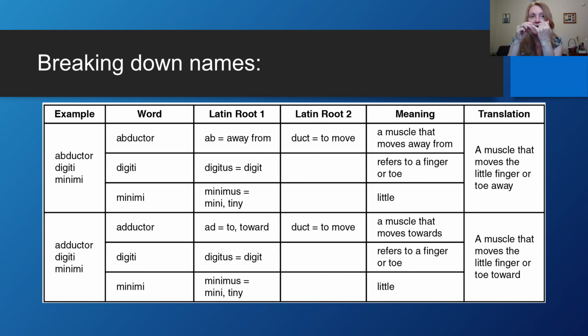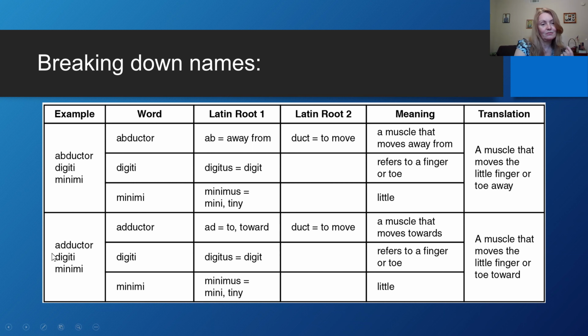This one is going to abduct your small or little finger, right? A muscle that moves the little finger or toe away: abductor digiti minimi. Adductor digiti minimi means bring it towards your midline. It's adding it.